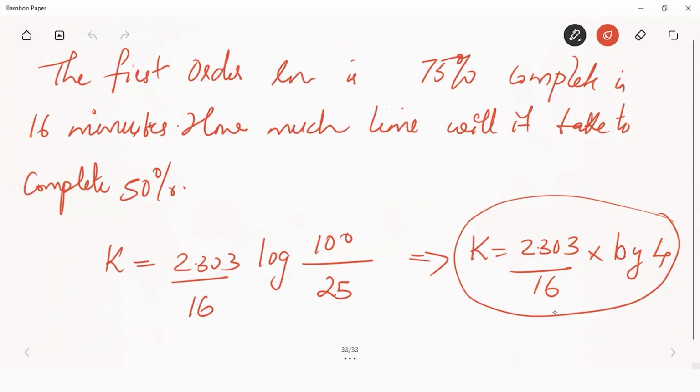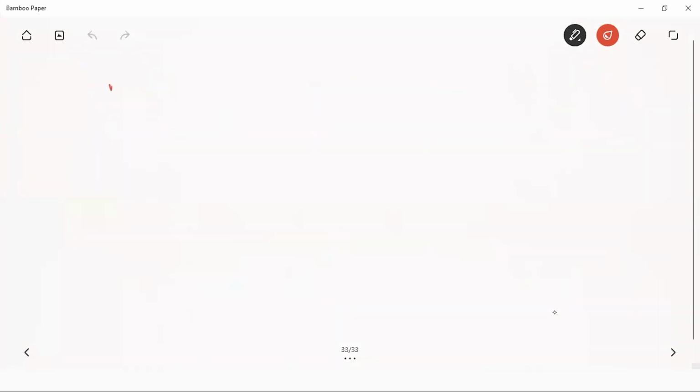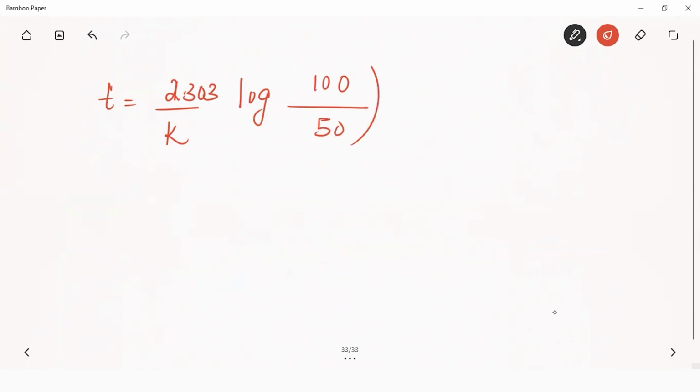So 50 percentage is what you have to find the time for. So time is equal to 1 by K, that is 2.303 by K, log initial 100 over, for 50 percentage, 100 minus 50, that is 50. That is 1 by 2. Now what is K? We got the K value here.